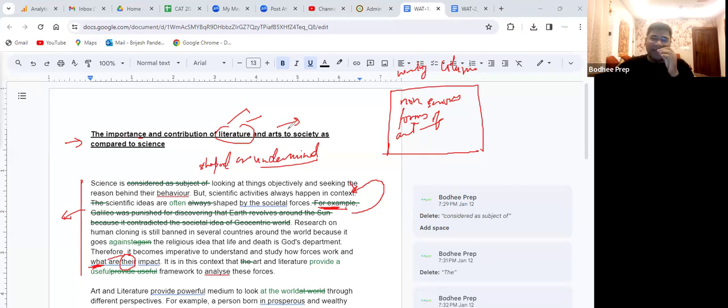What do they do? They entertain us. They make us sad. They make us happy. They deal with the irrational aspects of the human mind. Had this come in the first paragraph, I would have been very happy. Science, on the other hand, deals with the rational and the logical aspects of the human mind. I don't have the right word with me because I'm not a sociologist who gets the right word from the dictionary.